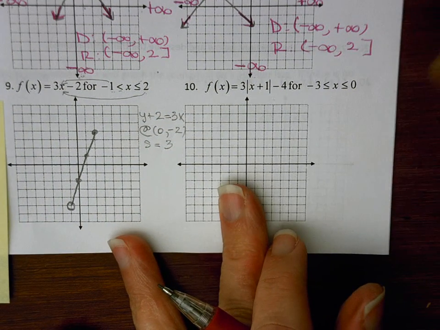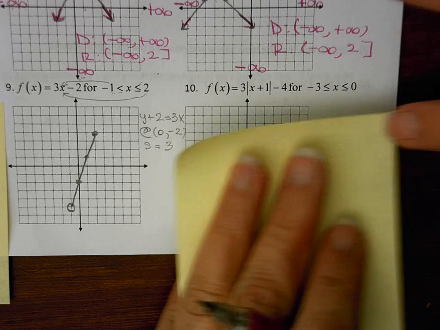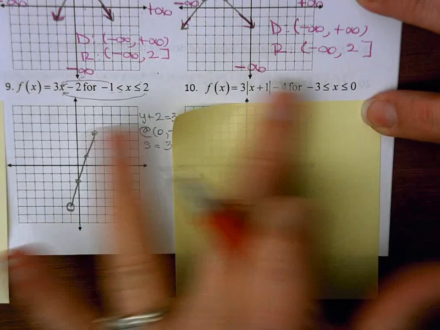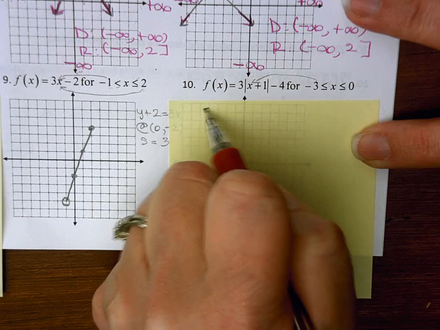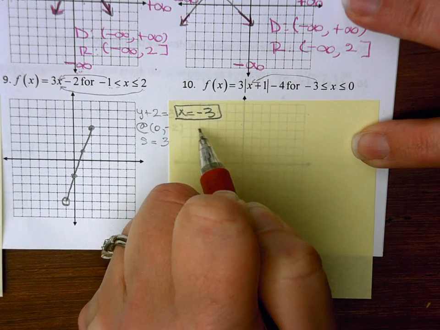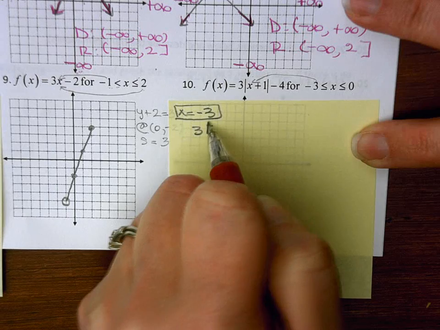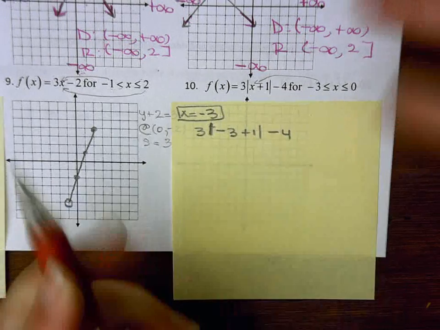Okay, so for question number 10, I want to start it the same way. So I want to start by substituting x with -3. So I replaced x with negative 3.